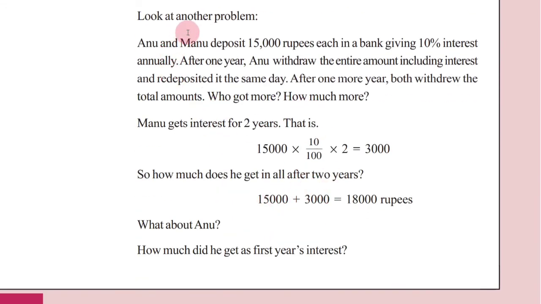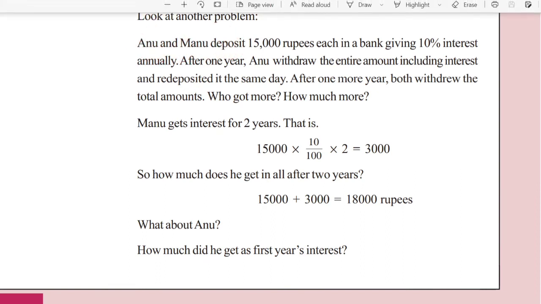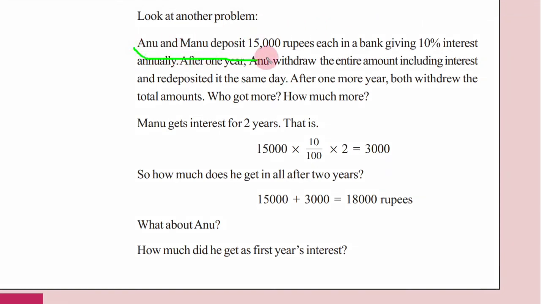See, here we have a question. Anu and Manu deposited 15,000 rupees each in a bank giving 10% interest annually. After 1 year, Anu withdrew the entire amount including the interest and redeposited it the same day.